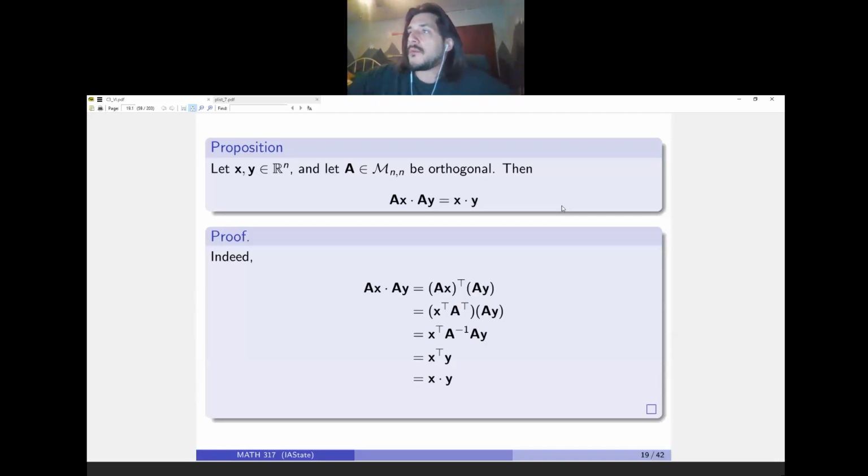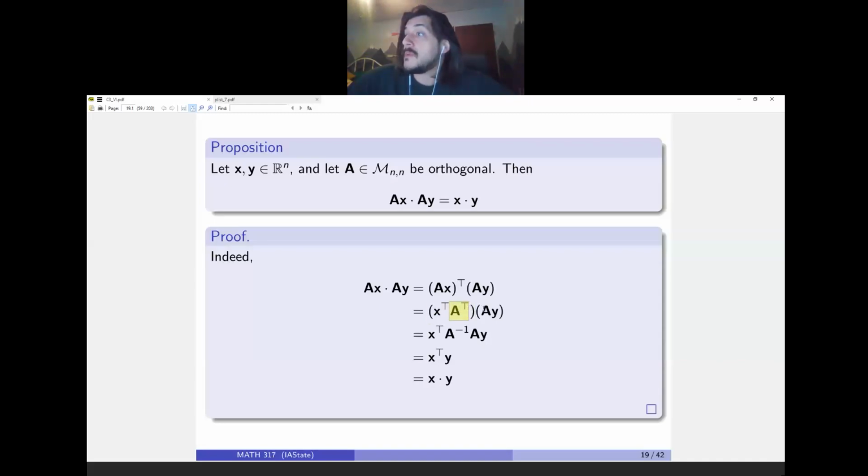So indeed, this is true. Let's remind ourselves of some things. If you look at A times X transpose, remember the way matrix multiplication works: transposing a product is the product, but you reverse the transposes. So that happens right here.